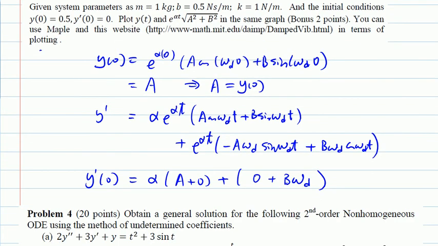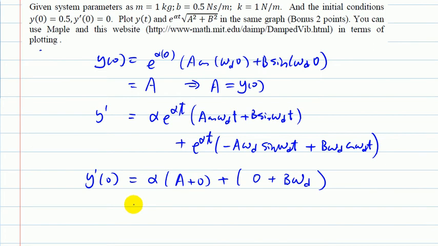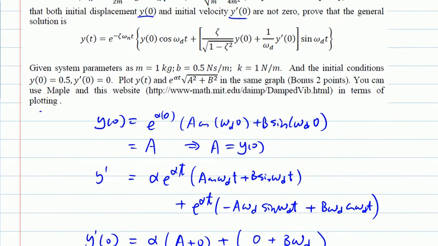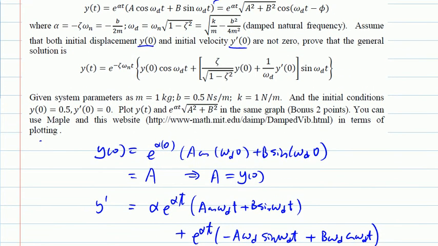And you have already obtained the a value. So alpha a value is y of 0. So multiply by alpha, plus b omega d. And what's alpha and omega d, which is what we defined at the beginning over here. This alpha equals this, omega d equals this.